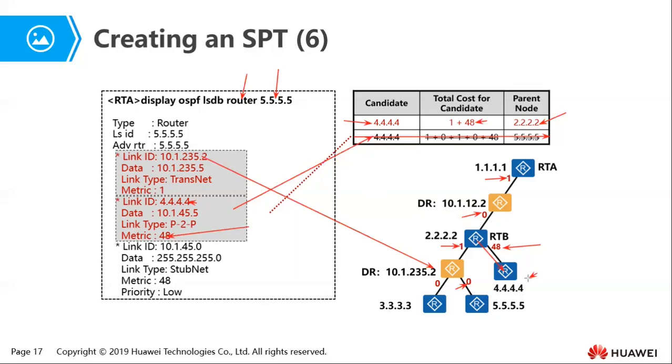That's how we add 4.4.4, not under this router but under 2.2, because if we add it under this router, it's going to be a longer distance. It simply means 4 has been connected to both router 2 and router 5.